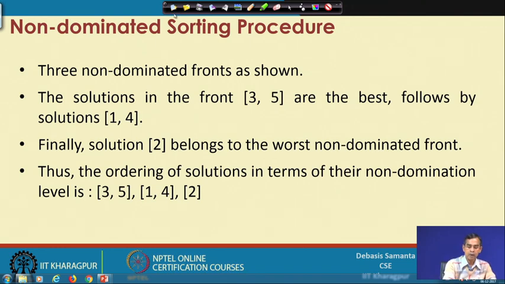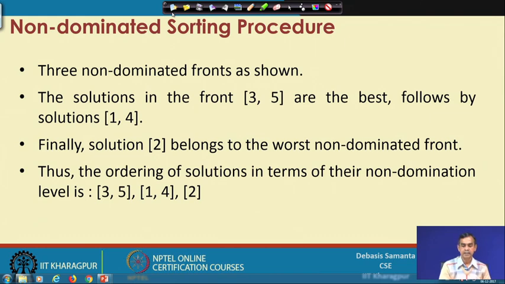Now, if we order all the solutions based on their fronts, we get this ordering: the first front, second front, next front, and so on. This ordering is called non-dominated ordering. What I want to emphasize is that given a set of solutions, we can find, using the non-dominated sorting procedure, the different fronts and the ordering of the fronts.